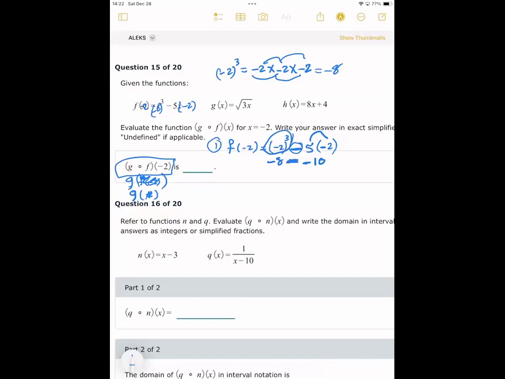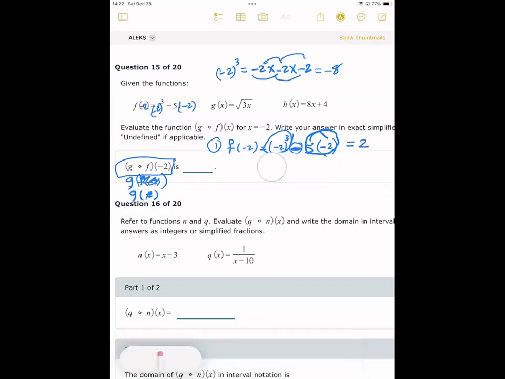I have a subtraction here. Let me find the answer to that. That's a -10. You could put parentheses or just leave it as -10. But then negative and negative turns that into an addition. When you have a negative number and a positive number, you subtract. 10 take away 8 is 2. So the answer is 2 here.